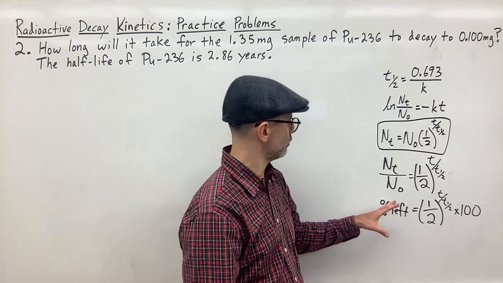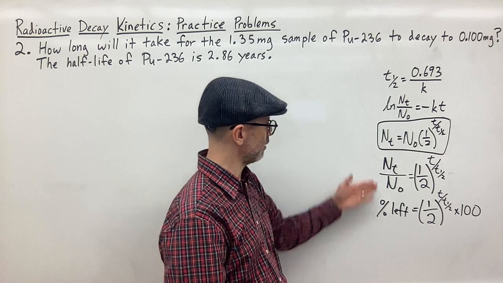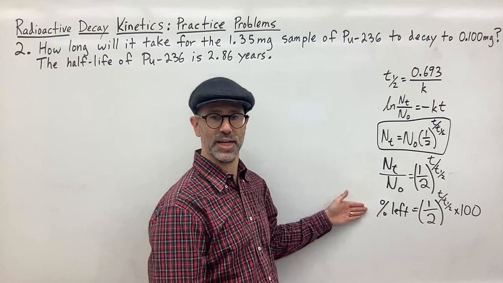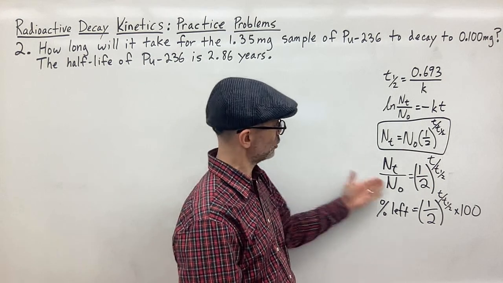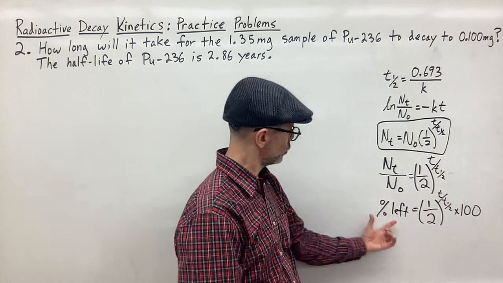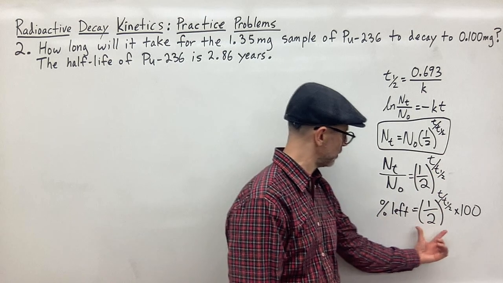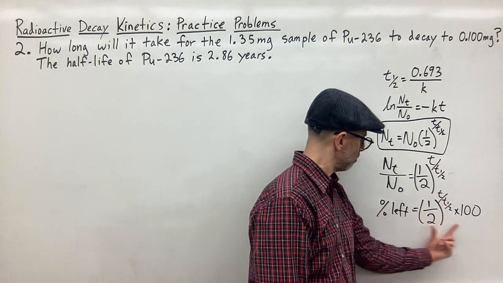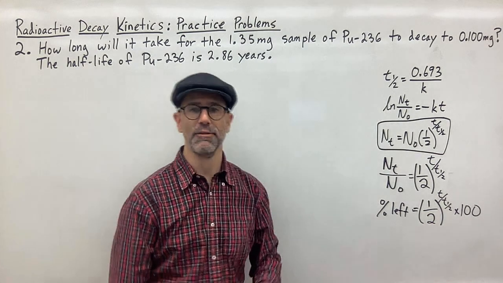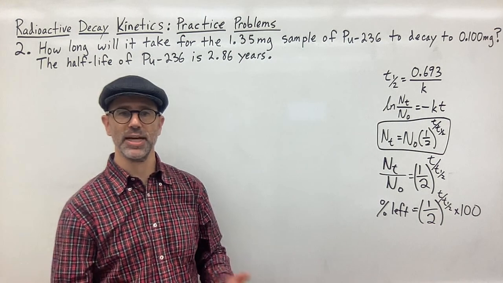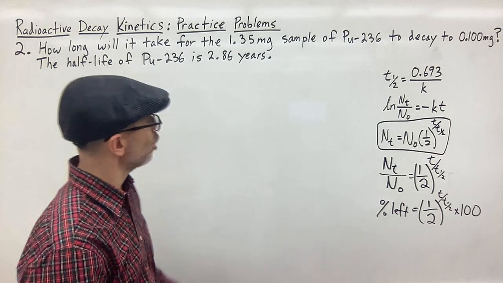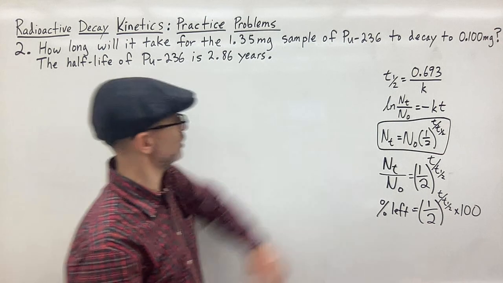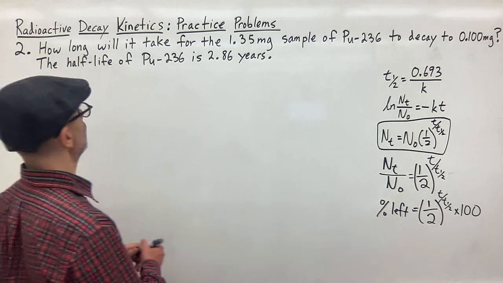And if you want the percentage that's left, all you do is take the fractional amount multiplied by 100, to turn that fractional amount into a percent amount. Okay, so let's go ahead and use this equation, and I'll show you how it's done.